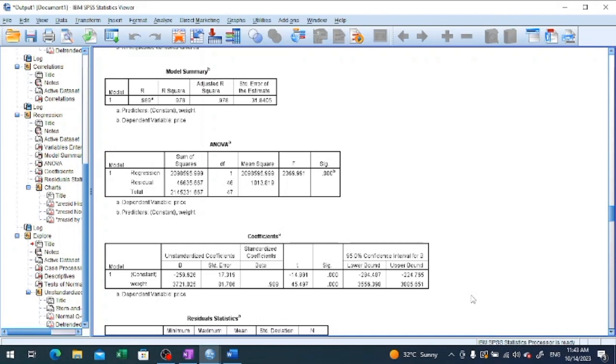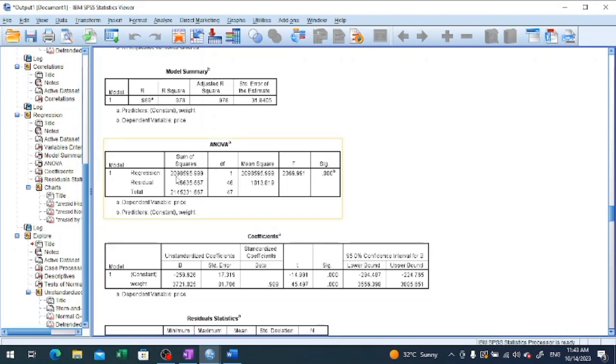So we need to understand the part that we call explained variation and compare it with unexplained variation, because both combined contribute to the total variation of the data. Over here in this ANOVA table, you can see the sum of squares.